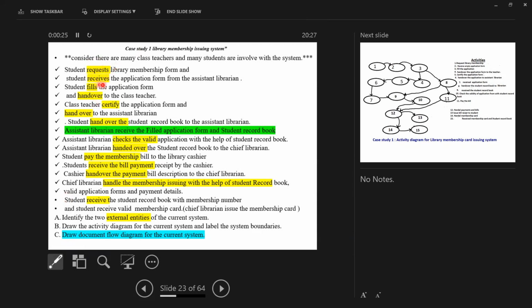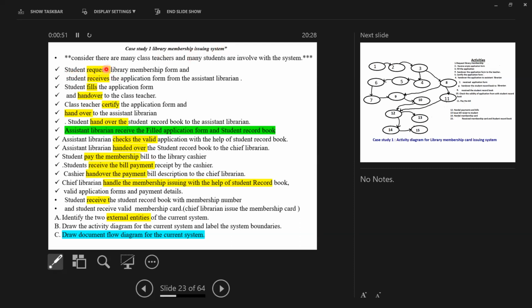What are the actions happening, or the verbs? Now consider that there are many class teachers and many students involved with the system. This paragraph discusses many teachers and many students, and how a student gets the library membership card. So, the library membership issuing system.